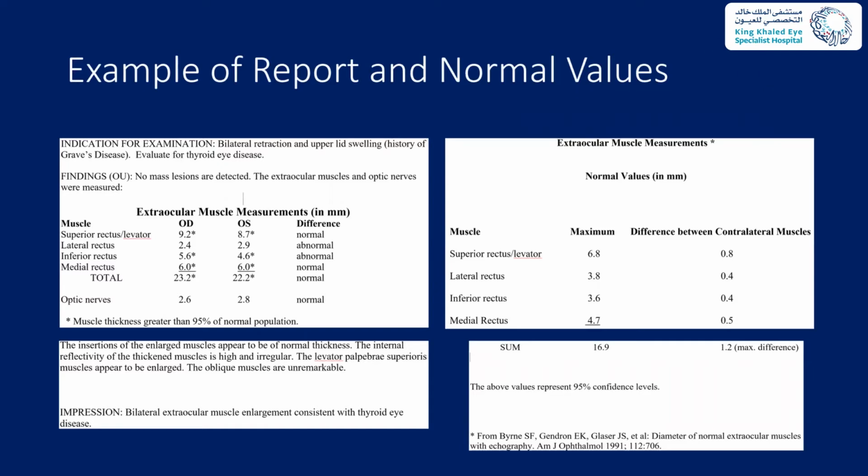I use ultrasonography in my practice, and this is a typical report that I'll see, where you see the measurements of the thicknesses of the muscles and the differences eye to eye. You'll also see a note here that the tendons are of normal thickness, which is usually the case in thyroid eye disease. And on the right, you see normal ranges.